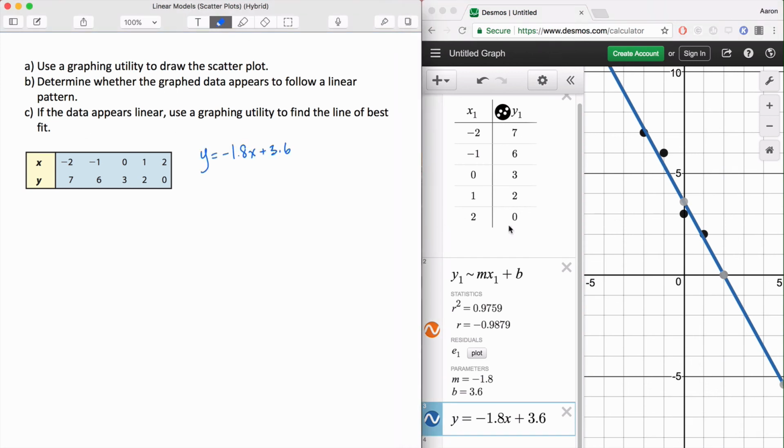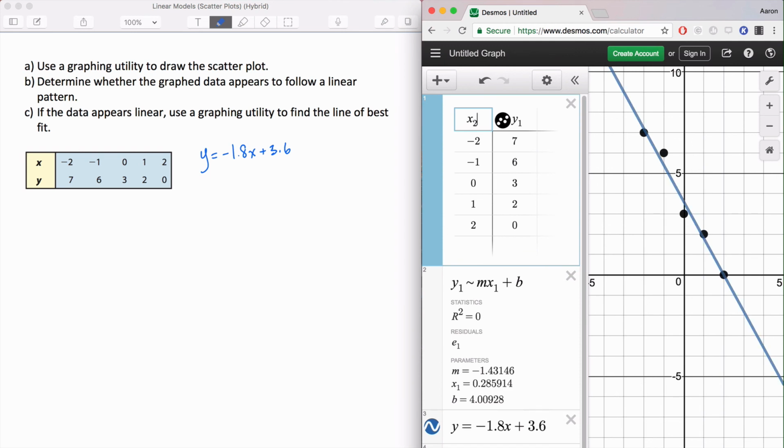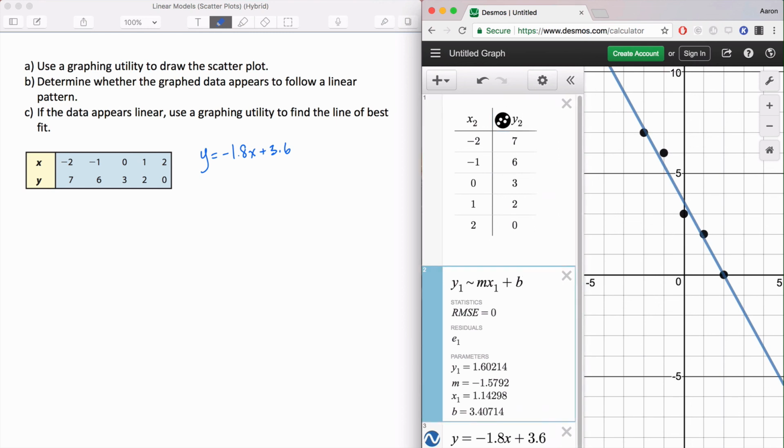Again, like I said, you're always going to use this same equation if you're trying to graph a line of best fit using Desmos. The only time it changes is if your table of values is different. You can see that this y sub 1 and x sub 1 in our line of best fit isn't giving us any values.